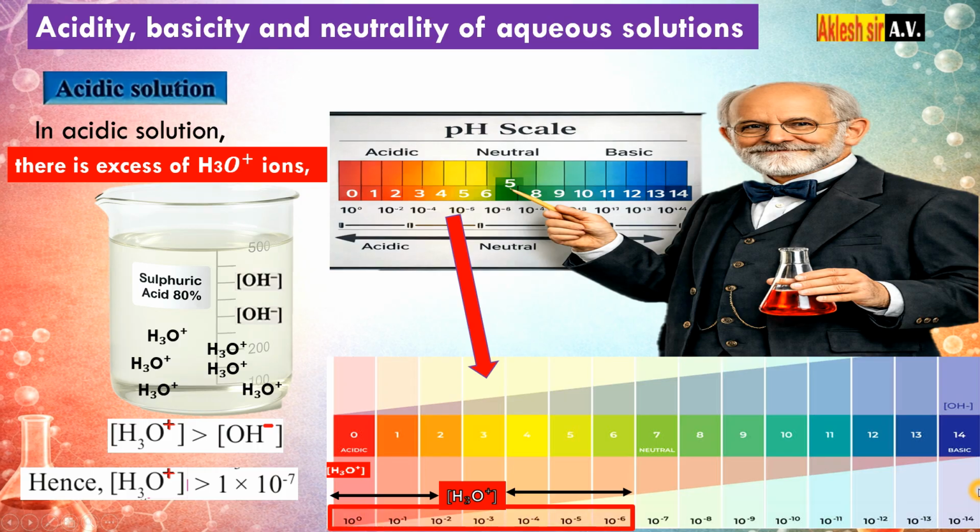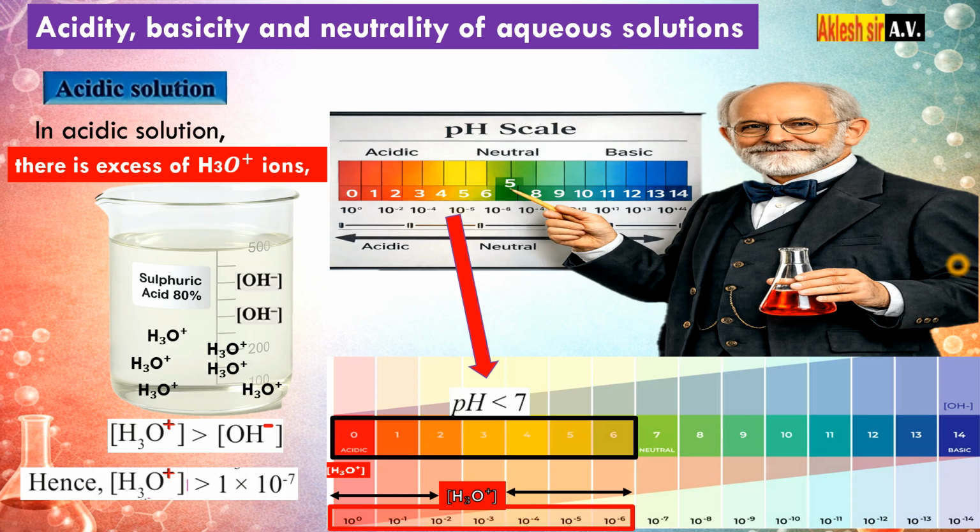So if the H3O+ concentration is either 10 raised to minus 6, minus 5, minus 4, minus 3, minus 2, minus 1, or 10 raised to 0, then the solution will be acidic. If the concentration is in between 10 raised to 0 to 10 raised to minus 6, the solution will be acidic. It means the H3O+ concentration is greater. Okay, and pH value will be from what? 0 to 6. So always remember pH is always less than 7 if the solution is acidic.